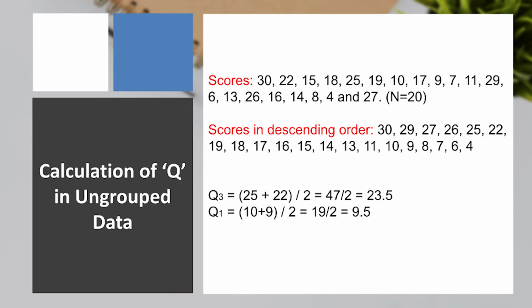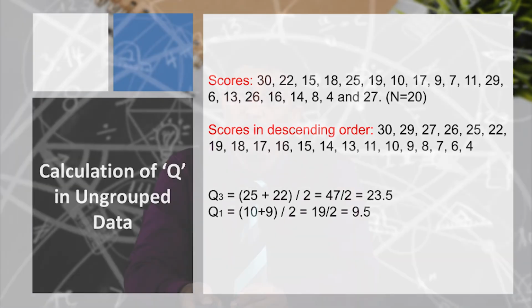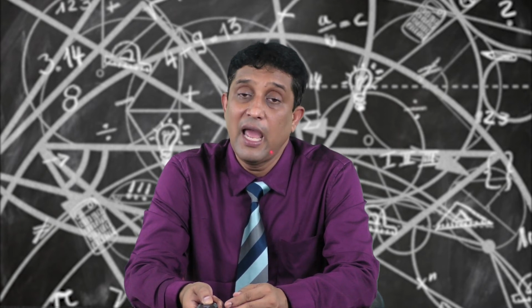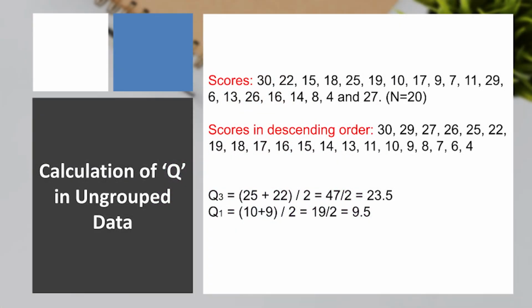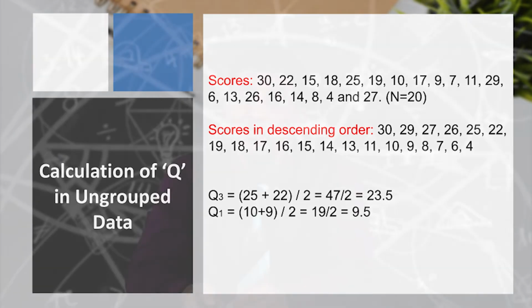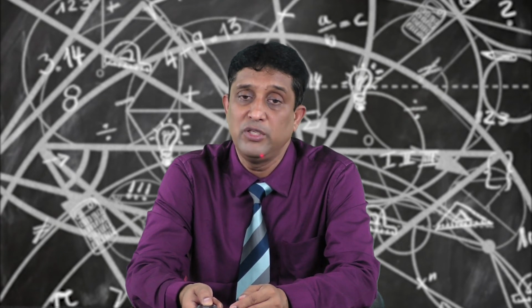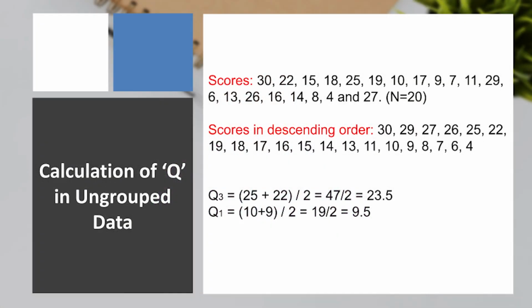The total number of scores is 20, so in one quarter, n by 4 is equal to 5. Accordingly, to find the third quartile, 3n by 4 is 3 into 20 by 4, that is 60 by 4, which is equal to 15. So from the bottom you have to count 15 scores: 1, 2, 3, 4, 5, 6, 7, 8, 9, 10, 11, 12, 13, 14, 15.